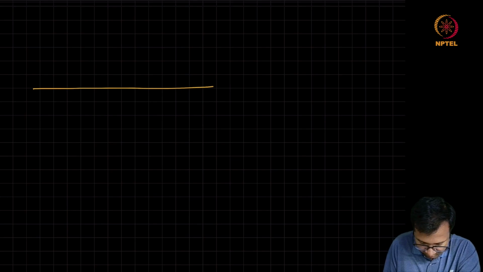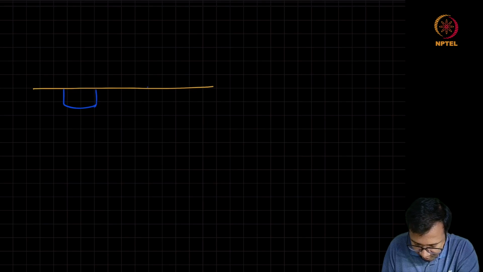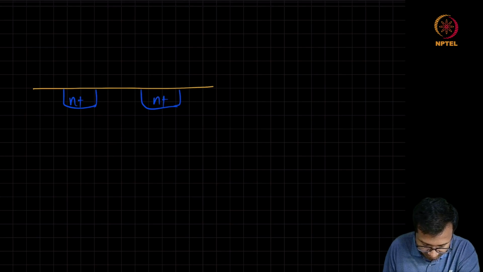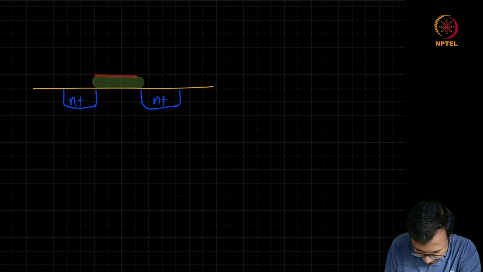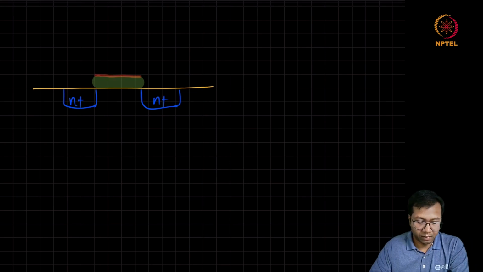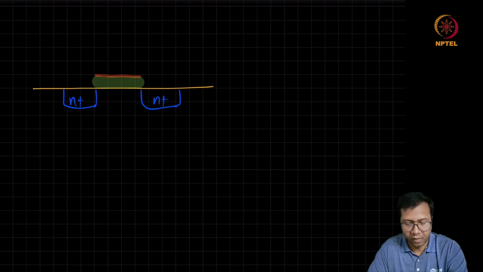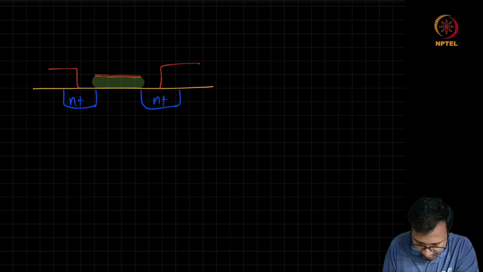So the typical cross section of an NMOS will look like this, where you have this gate oxide. Then this is the gate material added on top of the gate oxide. Gate, let's say this is source, this is drain.